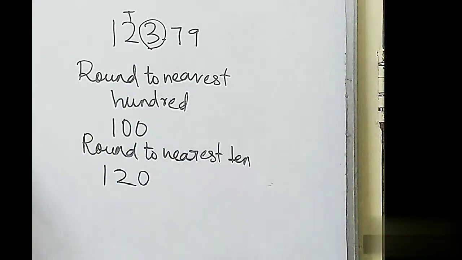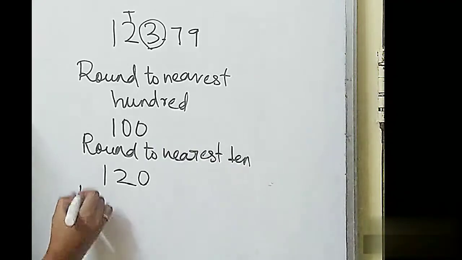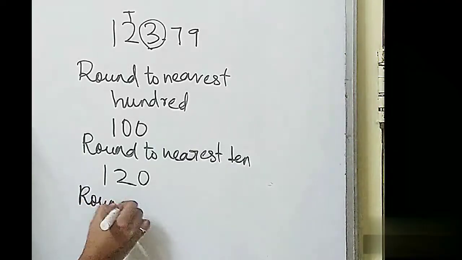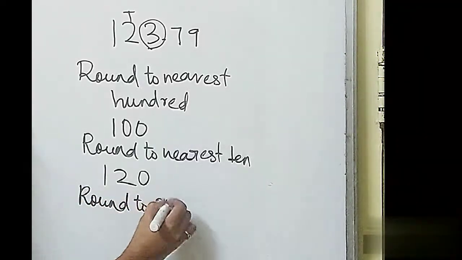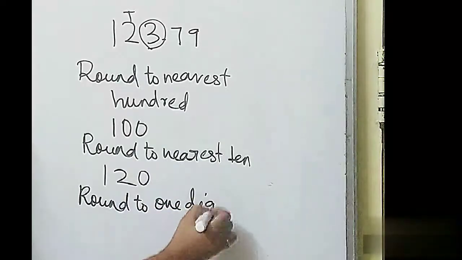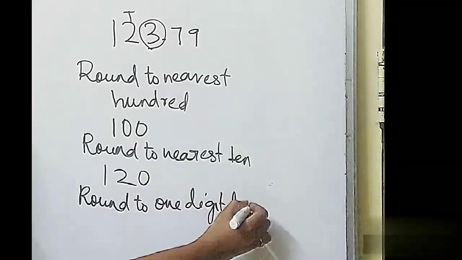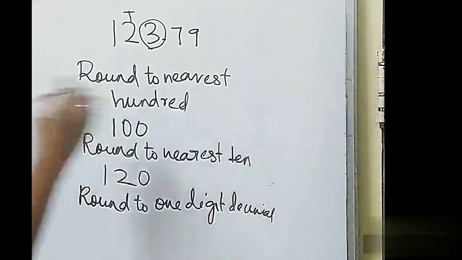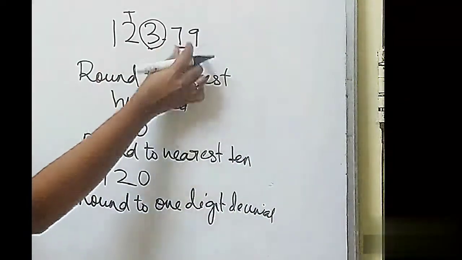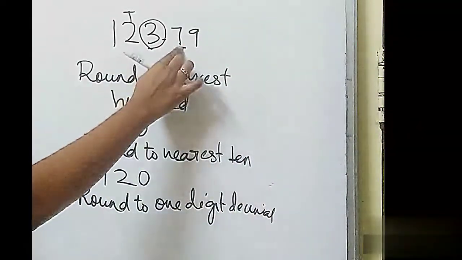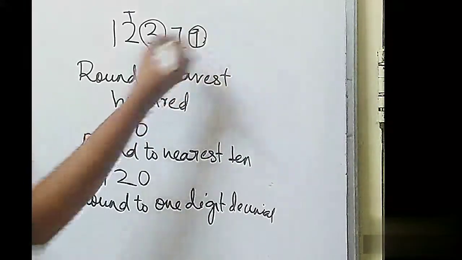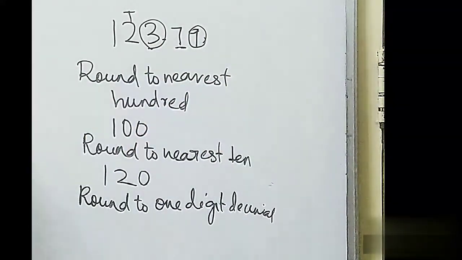Now what about when it is a decimal point? Now they are telling round to 1 digit decimal point. Now what is 1 digit decimal, students? When it is 1 digit, you have to make it only 1 digit after the point. Now see about this. You have to see the next number. What is it? 9. 9 is greater than 5.